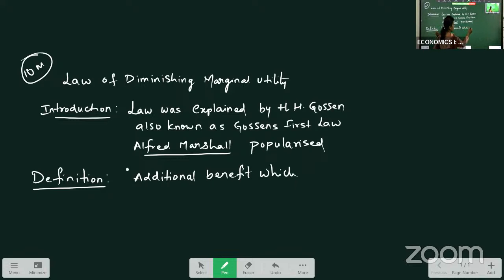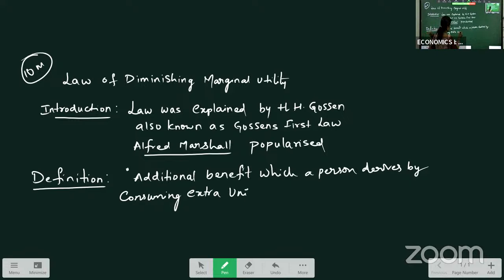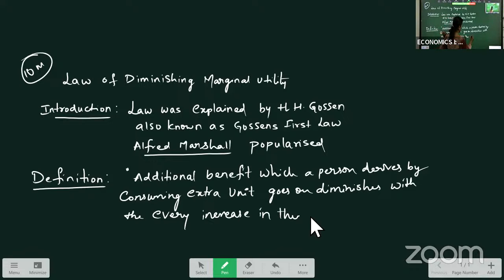which a person derives by consuming an extra unit goes on diminishing with every increase in the stock that he already has.